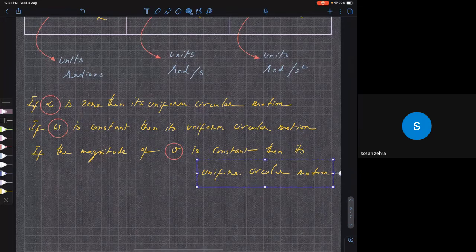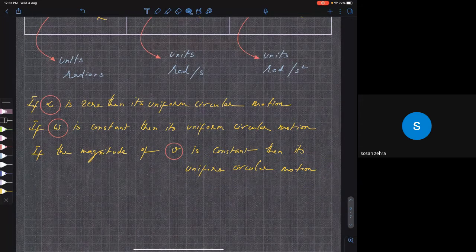Are you getting my point? Now it is correct. Okay, clear?